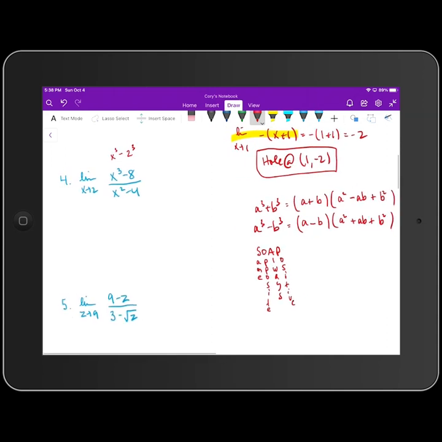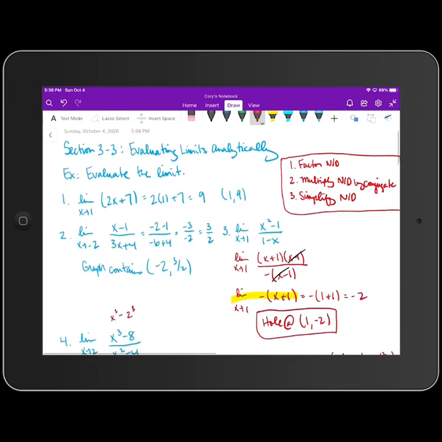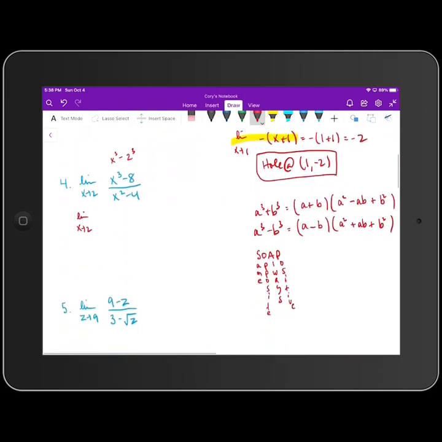Okay, so again, when we try using direct substitution for x, we get something of the form 0 over 0. So we're going to use one of the 3 techniques that I mentioned up here. We're going to use factoring here. So when I factor the difference of 2 cubes in the numerator, that's going to factor to x minus 2 times x squared plus 2x plus 4.